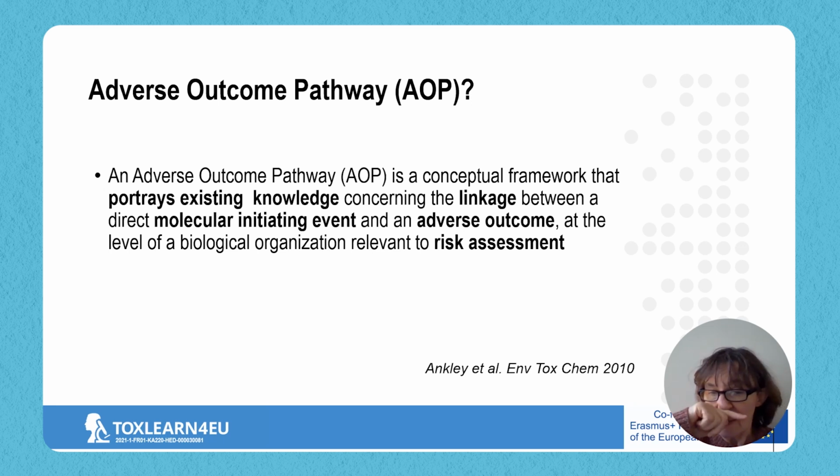As you can see, the definition of the adverse outcome pathway is quite recent. It's only 15 years ago that it was defined. So the knowledge and the way of using or building adverse outcome pathways is also something from the last decade and a half.